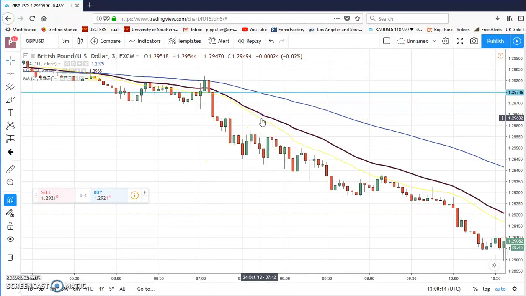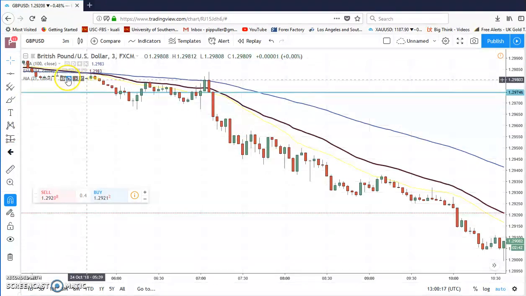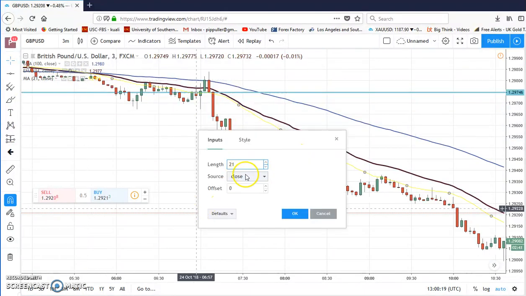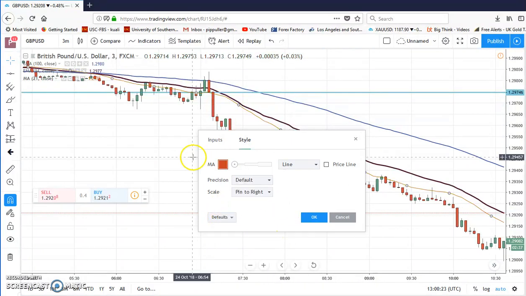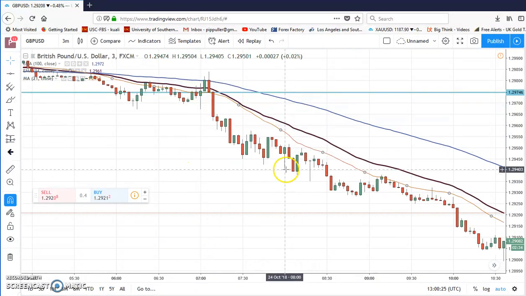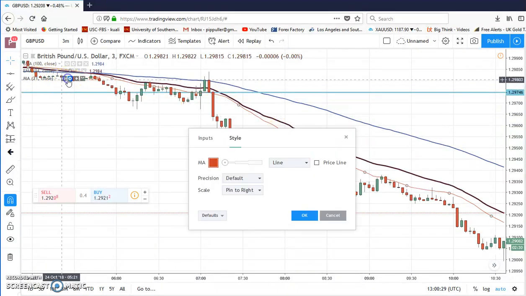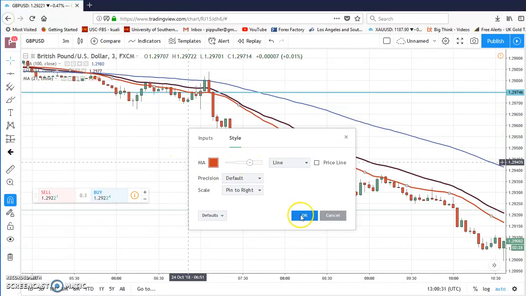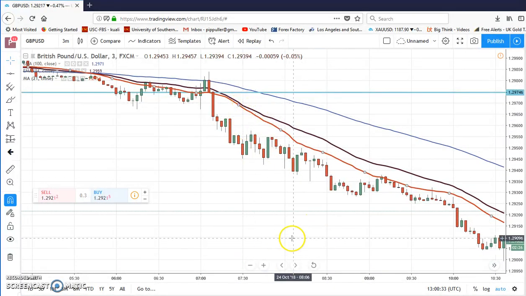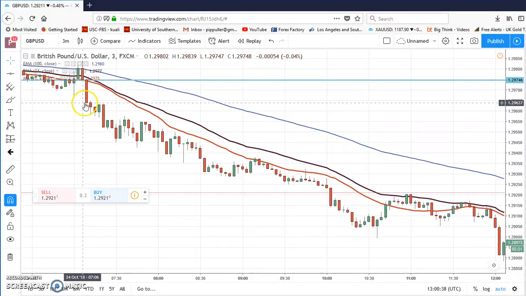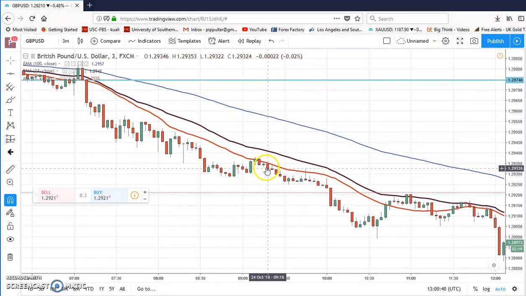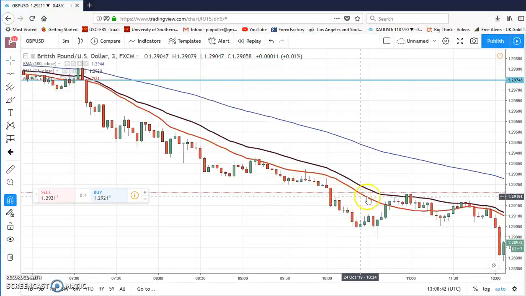It's kind of hard to see here, but let me see if I can make it red or whatever that color is. Okay, so maybe you can make this your exit signal line if you want to stay in it longer. So this method would have gotten you in here and perhaps gotten you out here or here.